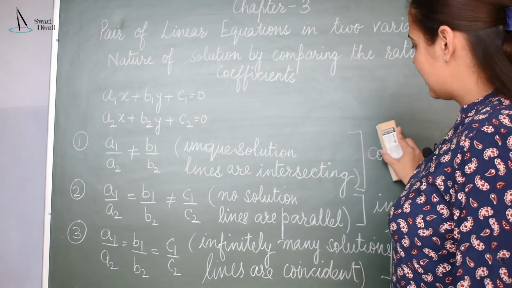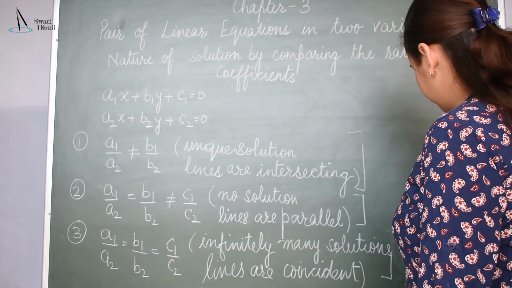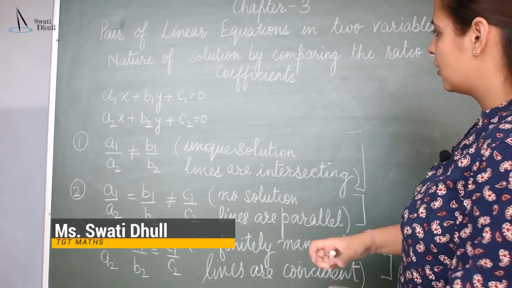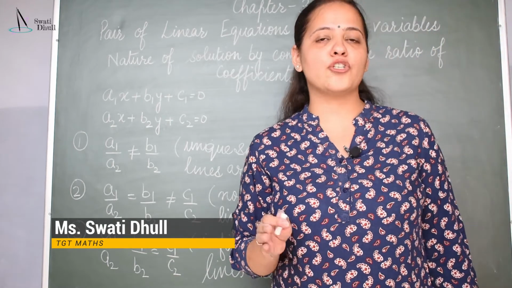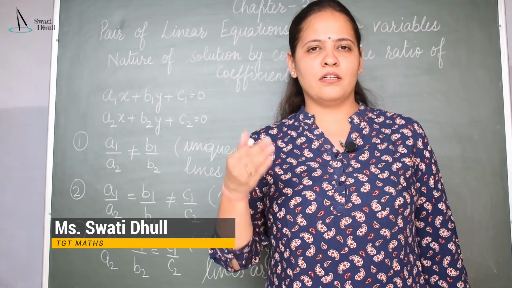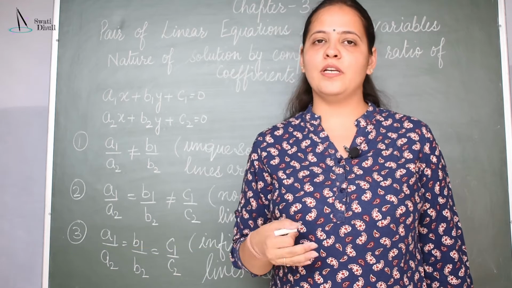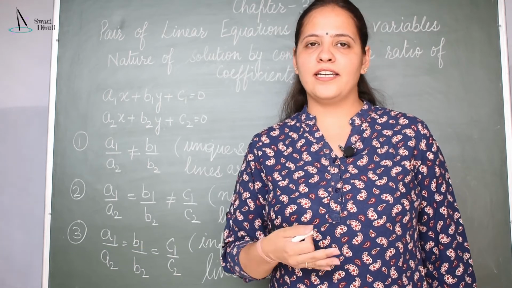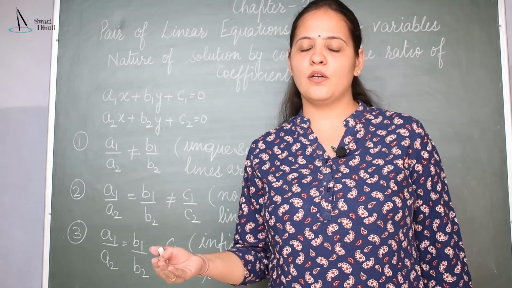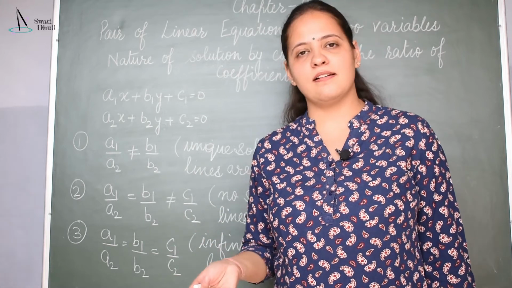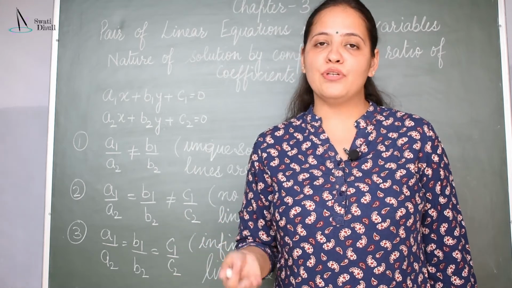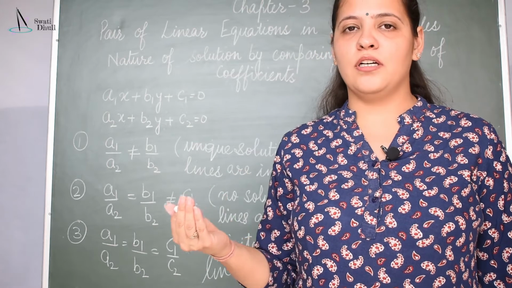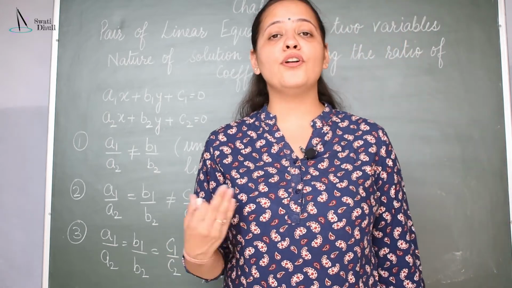Next, let us take an example for it. Suppose in your exercise 3.2, you are given few questions and you will be asked to find out whether the system of linear equations are consistent or inconsistent, or whether they have unique solution, infinitely many solutions or no solutions.